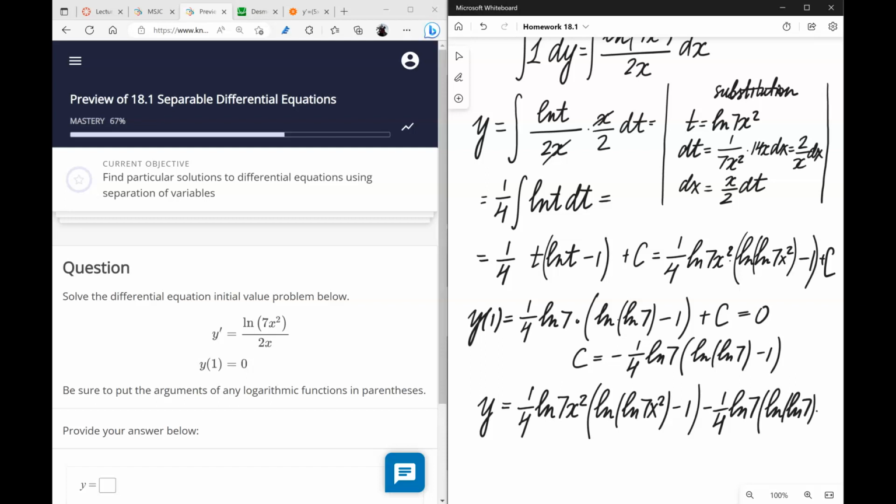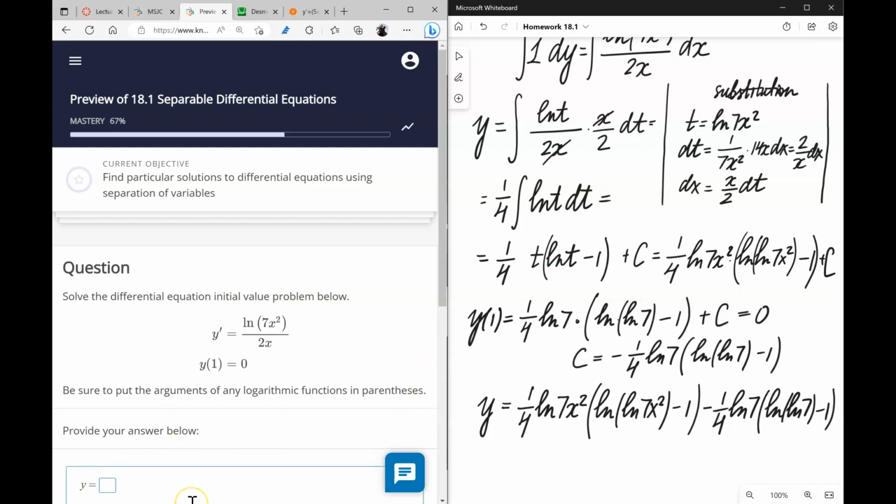Not looking forward to typing this in Newton, but it seems like that's the answer. Maybe we can simplify it. I'm not going to try, so I'm just going to type it and hope that's the right answer.